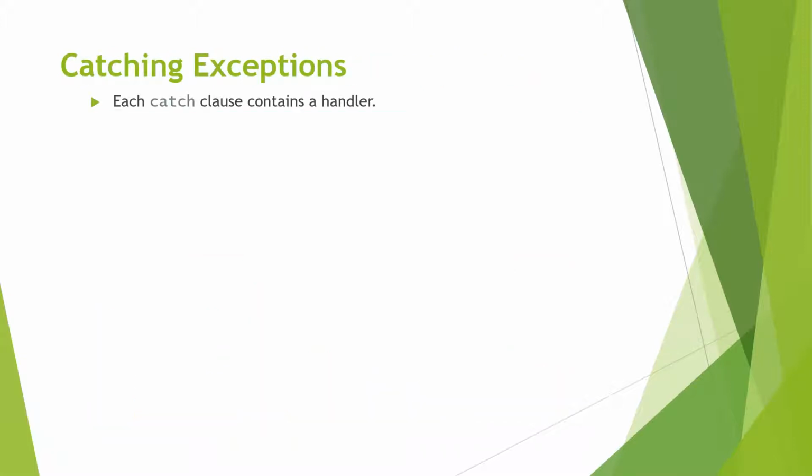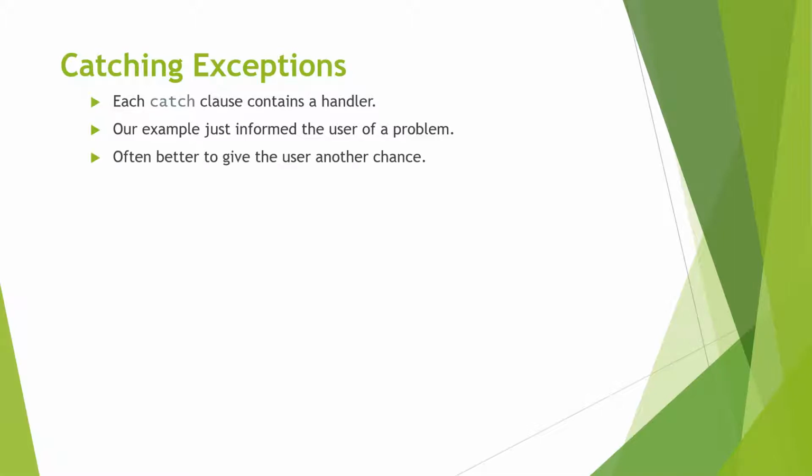It's important to know that each catch clause contains a handler, and the example that we showed had a very simple handler that just informed the user of the problem, but it's better that inside the handler you give the user a second chance so that the user can correct his or her fault. And when you throw an exception, you can provide your own message string.